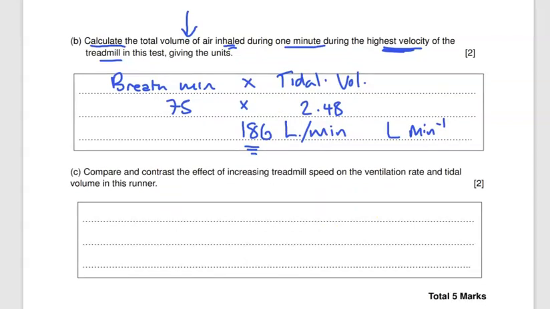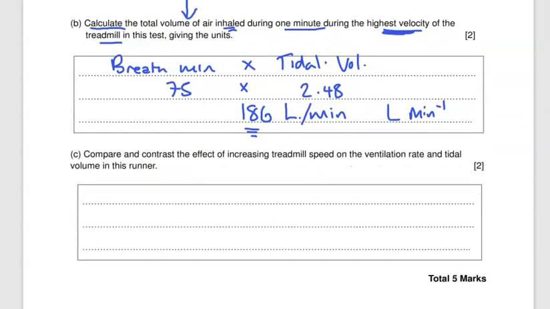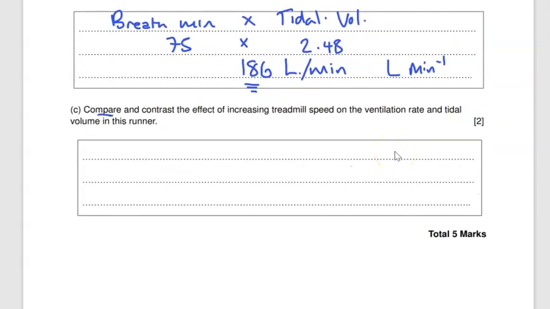And then to the final part of this question, it says compare and contrast the effect of increased treadmill speed on ventilation rate and tidal volume. So we've come back to the graph, and now we're looking at patterns. It's important when you do this to almost state the obvious to start with.